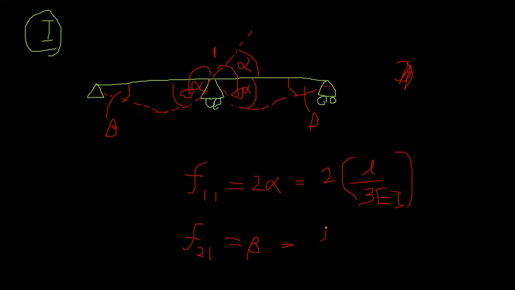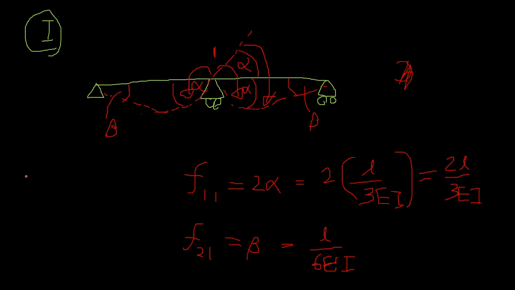Here it's L over 6 EI. From the appendix, you only take the value. From here, you consider the sign because these two are always clockwise from the original position. The relative displacement is also clockwise, compared to this part is clockwise. So these are positive, right? 2L over 3 EI and L over 6 EI.